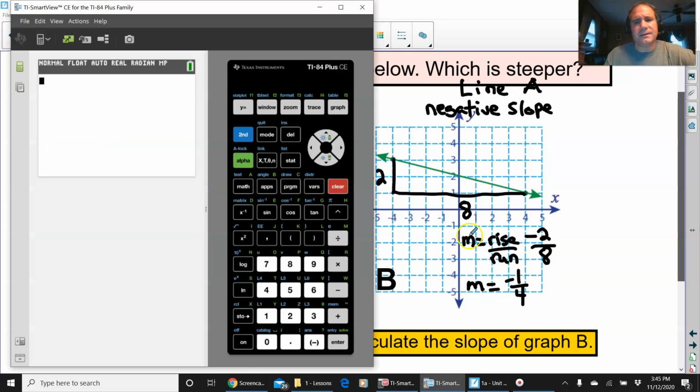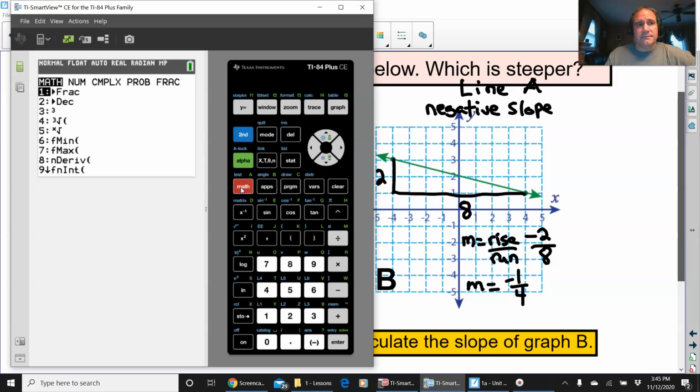So just bringing up the calculator, remember, it reduces. You should be able to reduce the fraction of -2/8 to -1/4. But if you can't, press alpha X and put it in. We'll clear that out. So we're going to put -2/8 in. Say you're sitting there and you say, oh wait, I don't know how to reduce that. You can press math and you have that fraction symbol right there.